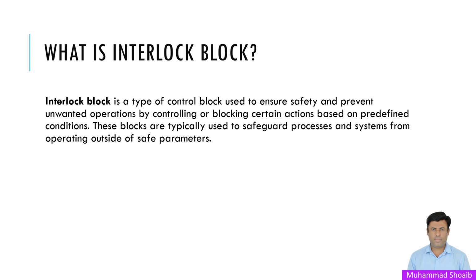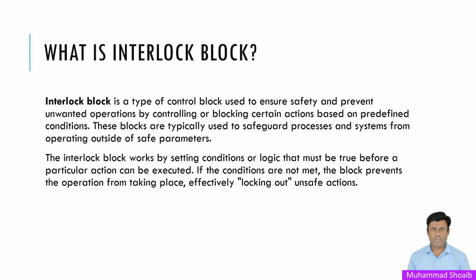These blocks are typically used to safeguard processes and systems from operating outside of safe parameters. Interlock blocks work by setting conditions or logic that must be true before a particular action can be executed.